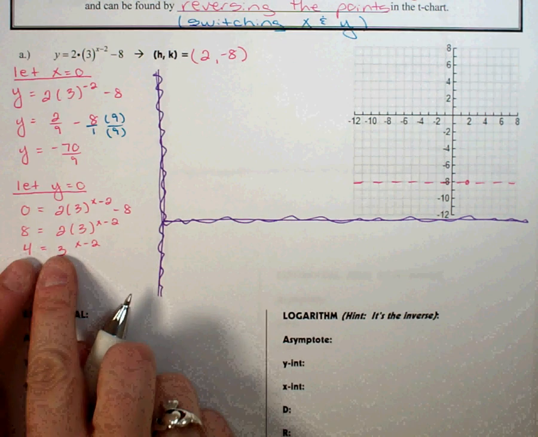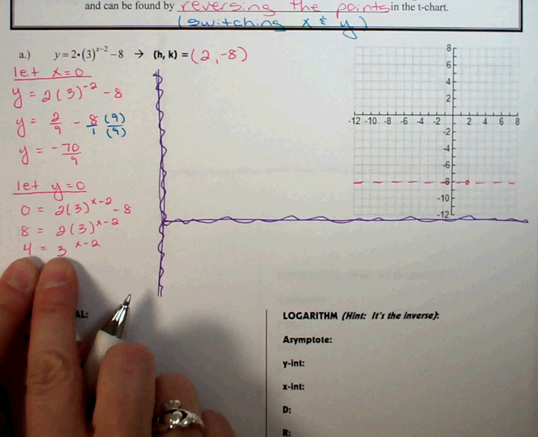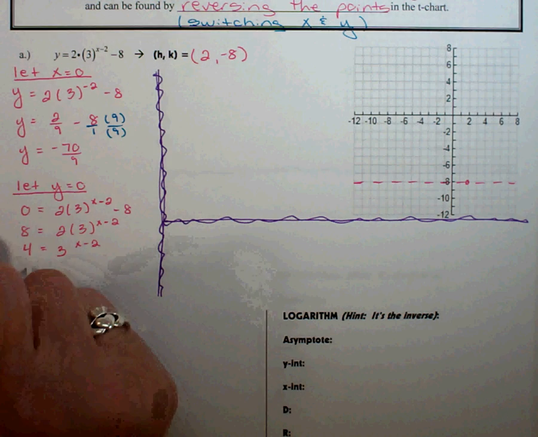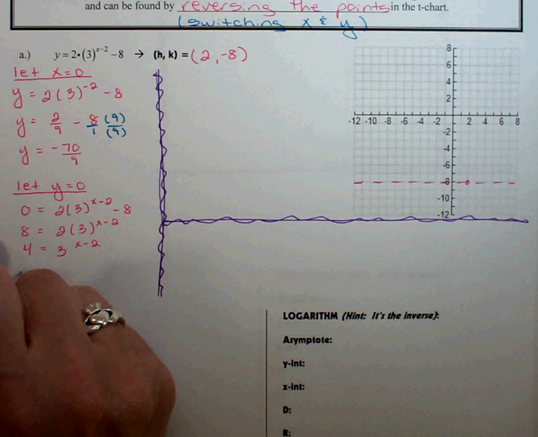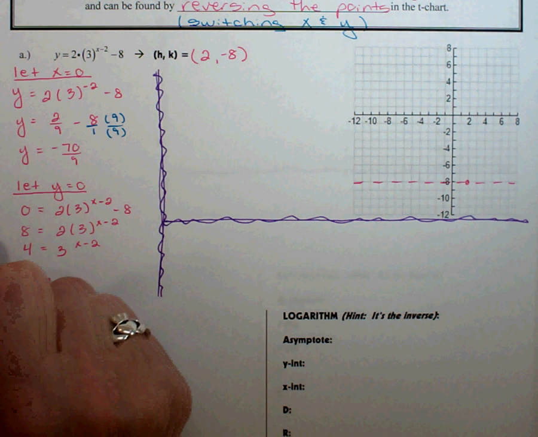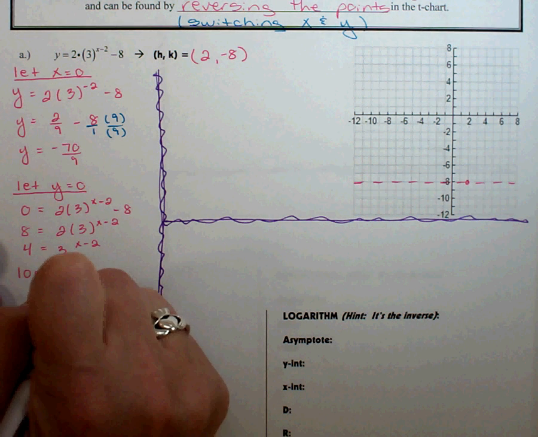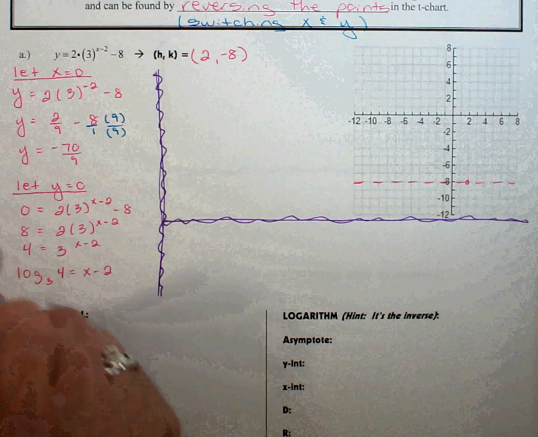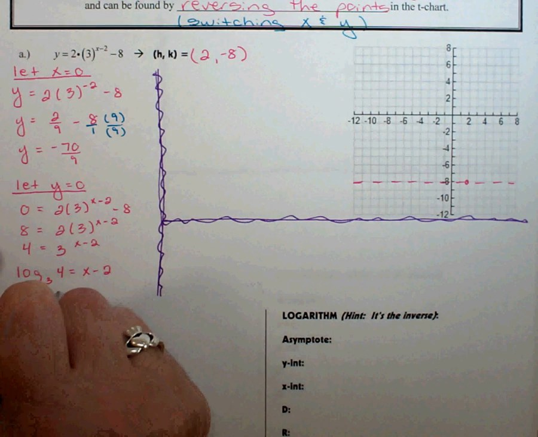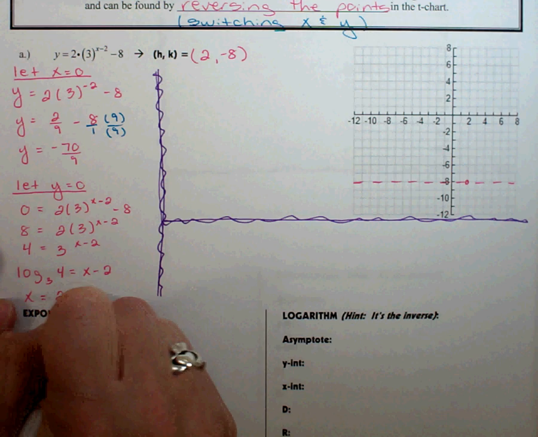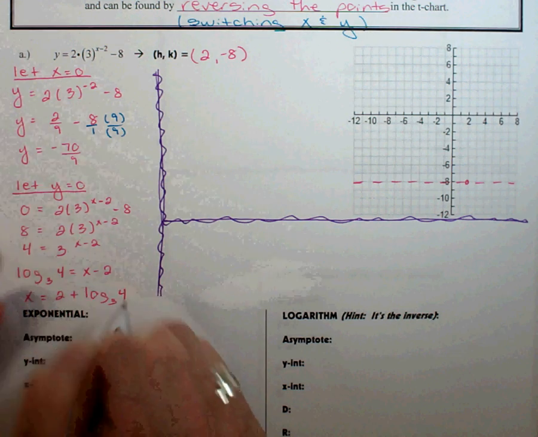There's no way that I can get these two bases to match, so I'm going to just switch to my logarithmic form. So I'm going to have log base 3 of 4 equals x minus 2. So x equals a positive 2 plus log base 3 of 4.